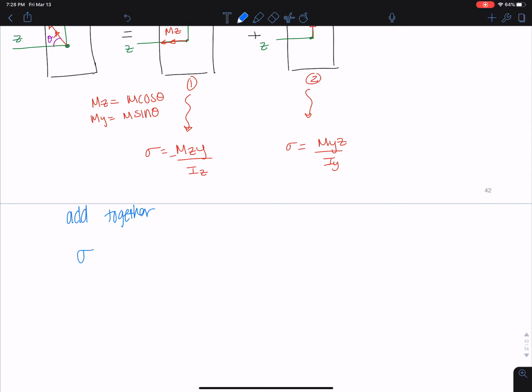And I get sigma equals negative Mz y over Iz, moment of inertia about the z, plus My z over Iy. And this is basically like negative times a negative here, so it becomes a positive, and that's why we're adding here. And this is the biaxial bending formula.